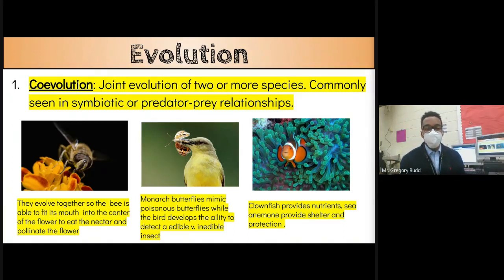So coevolution. Coevolution is the joint evolution of 2 or more species. In fact, just write down that very first sentence, the joint evolution of 2 or more species. We'll talk more about this later on in the course.